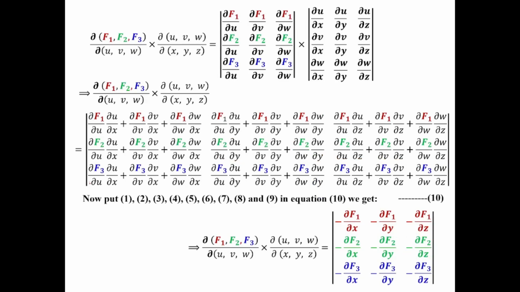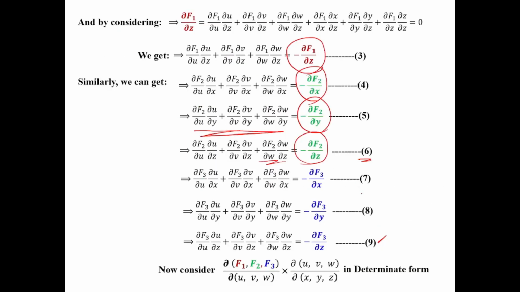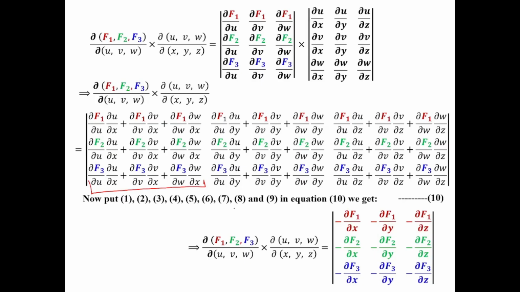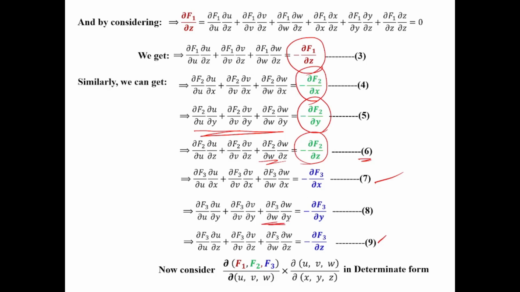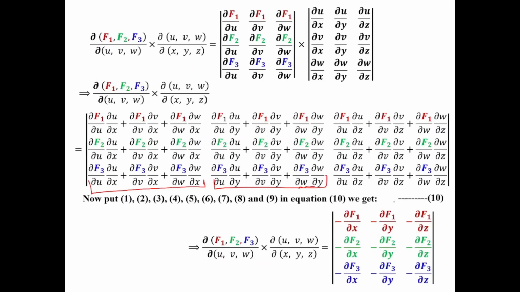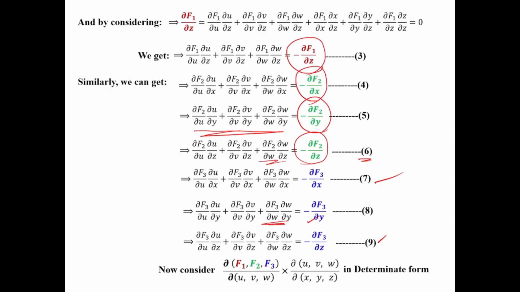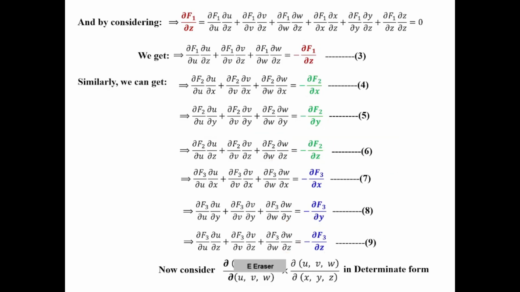Likewise here you can see that this value is nothing but your equation number 7, and carefully you can match this value. Here you can see del f3 by del w by del y is your minus del f3 by del y, that is your equation number 8. Here del f3 by del w by del z, yes, minus del f3 by del z.